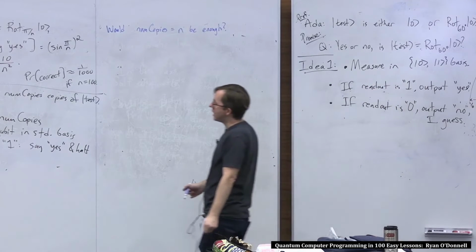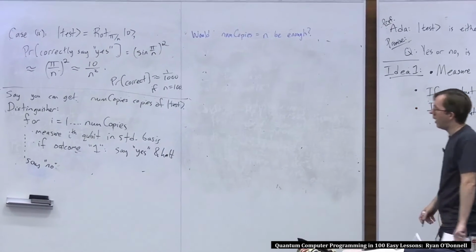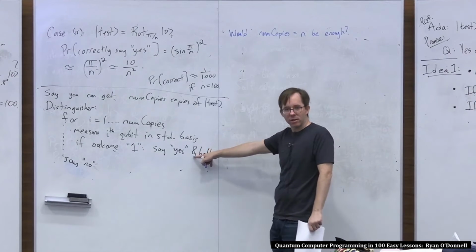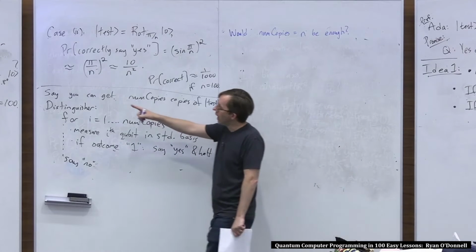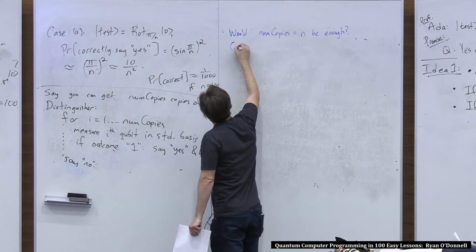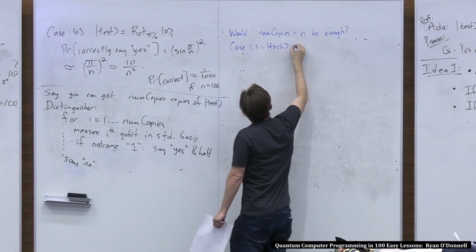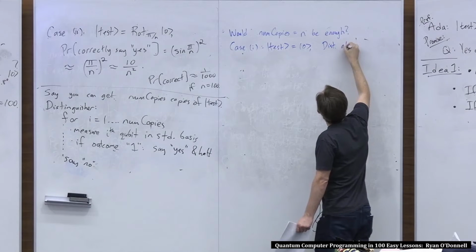Well, this overall distinguishing algorithm also has one-sided error. If it ever says yes, you're sure it's correct. Conversely, in case 1, if the true answer is actually 0, distinguisher will always output 0.